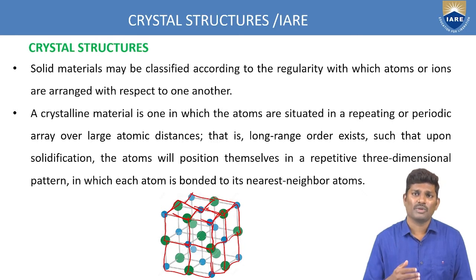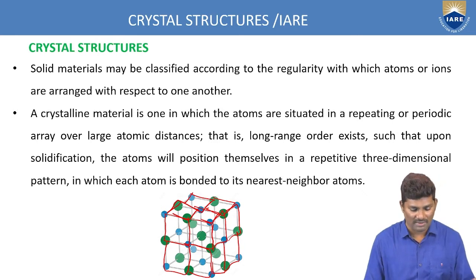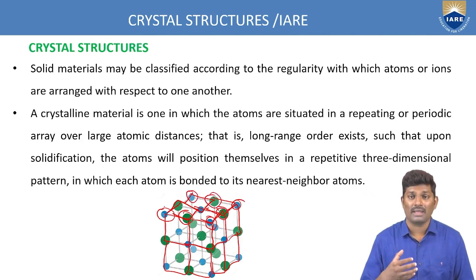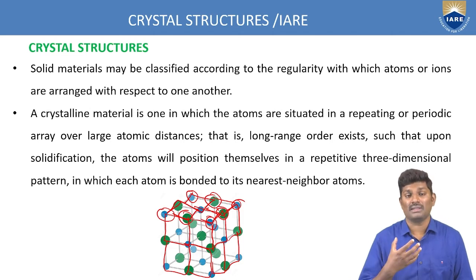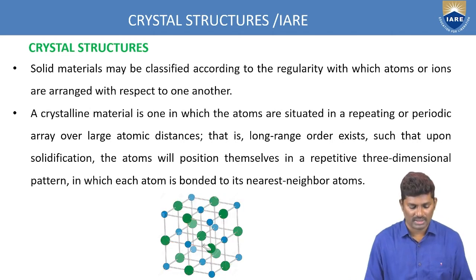Now, what atoms do you have in this? These are all the atoms. The positions of all the atoms keep repeating themselves. You can see the green and red ones all repeating each other in a three-dimensional pattern. Now see this figure: the atoms are repetitive in a 3D pattern, in which each atom is bonded to its nearest neighbor atoms.